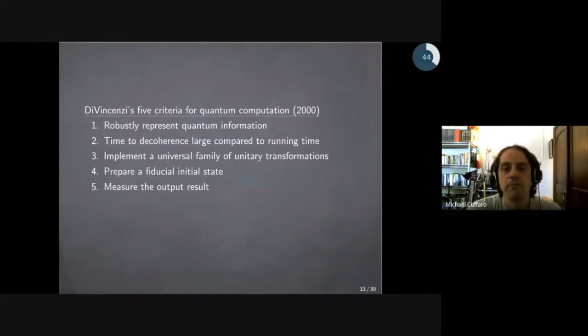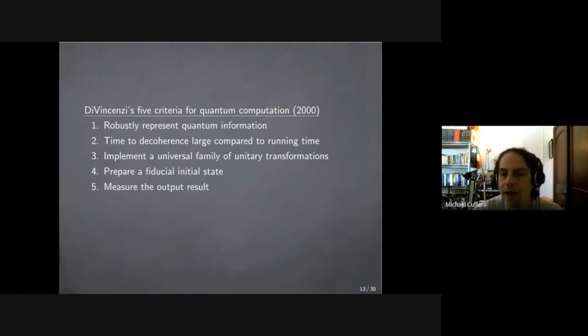And so in the quantum circuit model, we typically think of... so there was a lot of research in the 90s coming up with different algorithms. And DiVincenzo in 2000 wanted to write down a set of criteria to determine when we could say something is a functioning quantum computer.